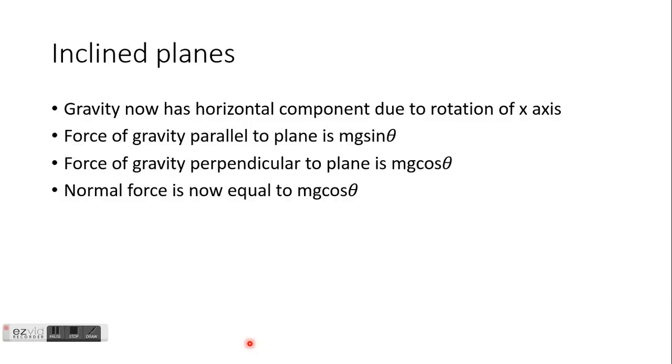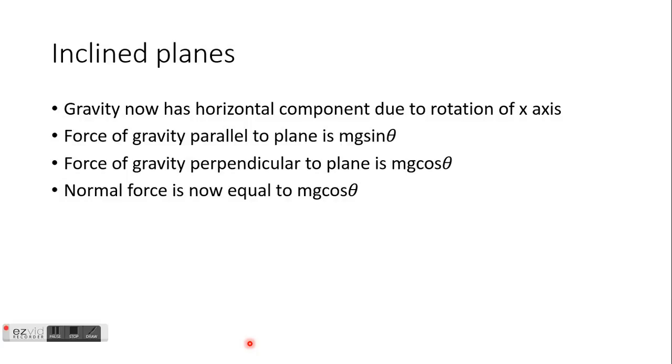Inclined planes, you're also going to see this a lot in forces. On an inclined plane, if you take normal x and y axes and rotate them so that the angle of inclination is now the x-axis, so if the plane's inclined 10 degrees, the x-axis is now inclined 10 degrees relative to before, gravity now has a horizontal component.